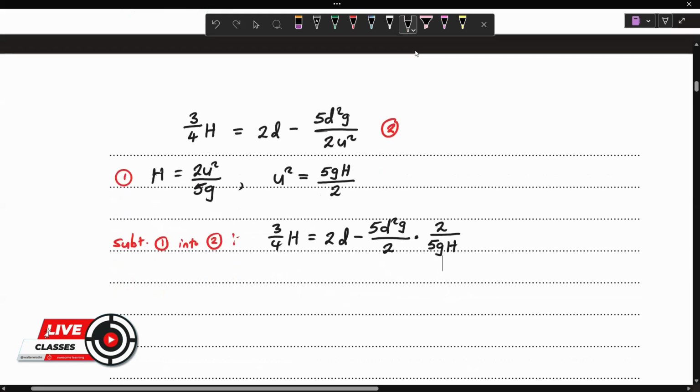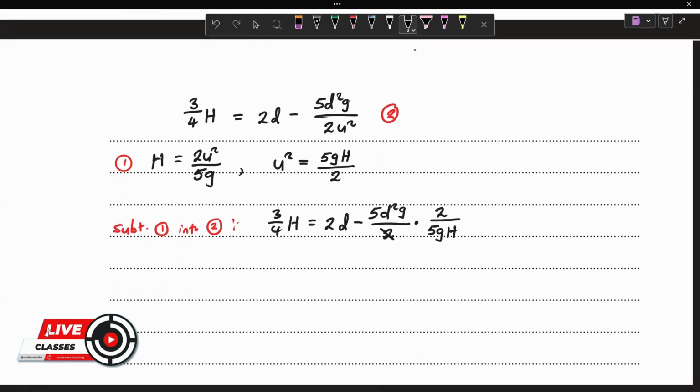So what's going to happen here is the 2 goes into the 2 once, and the 5g cancel. What's remaining is d squared over h. So 3 quarters of h is equal to 2d minus d squared over h.